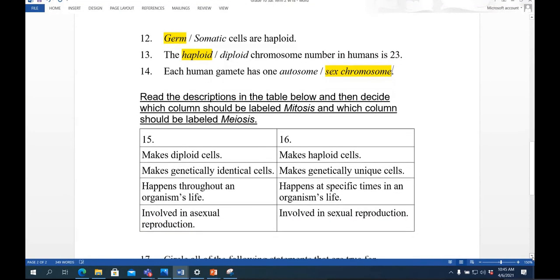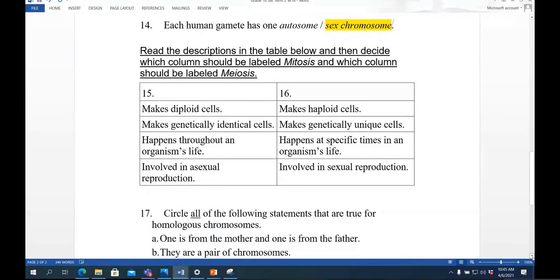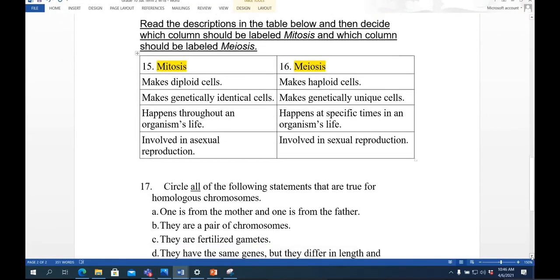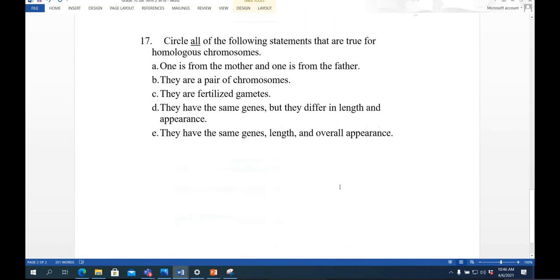Read the description in the table below and then decide which column should be called mitosis and which column should be labeled meiosis. Leen? The first column is mitosis and the second one is meiosis. Perfect. The first column is mitosis and the second one is meiosis. Number 17, circle all of the statements that are true for homologous chromosomes.